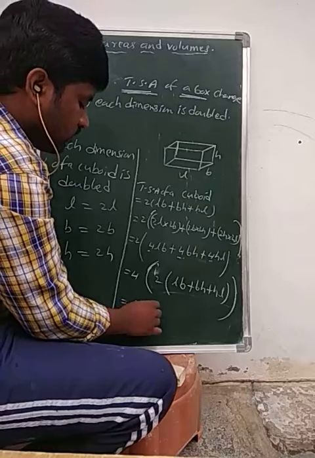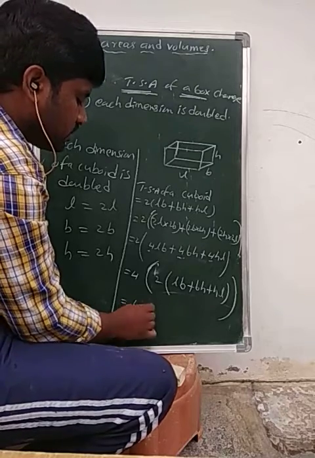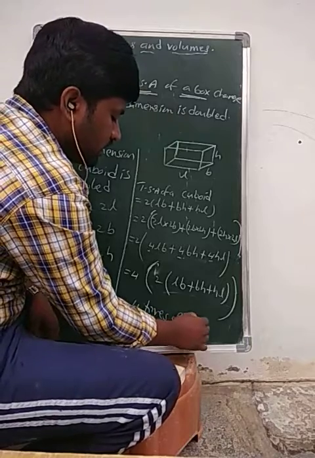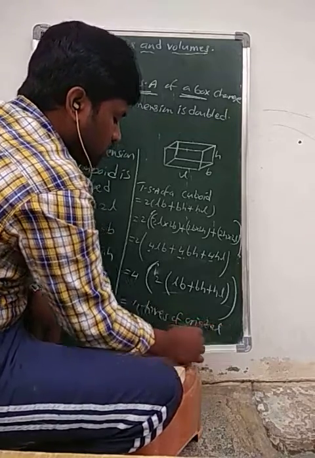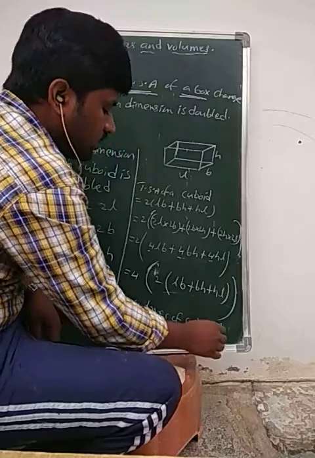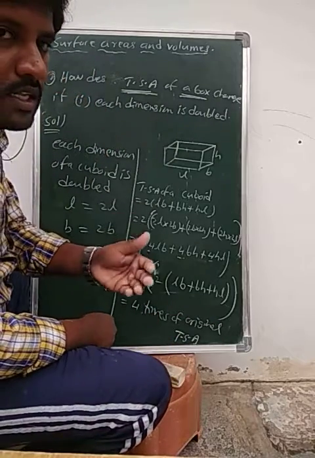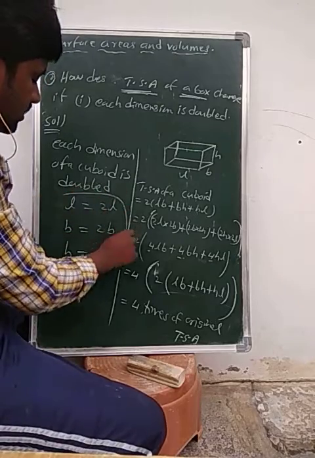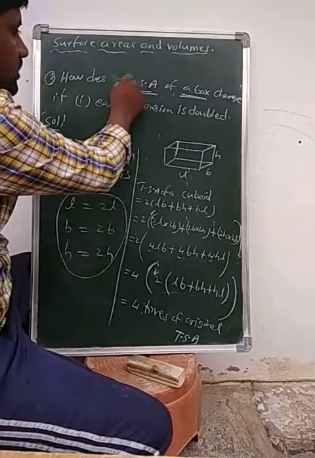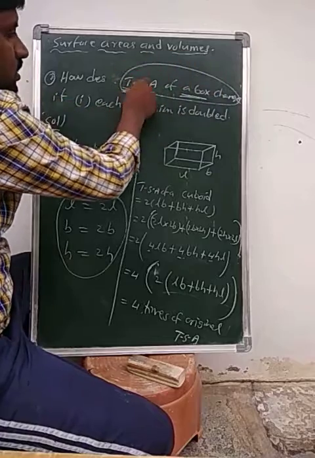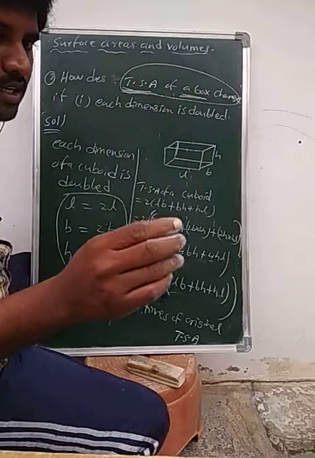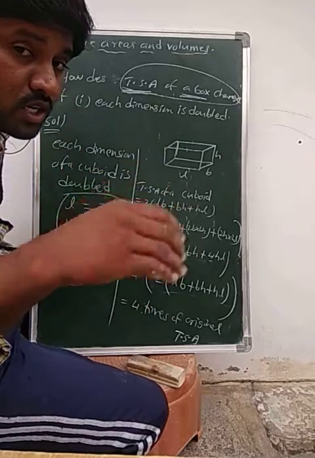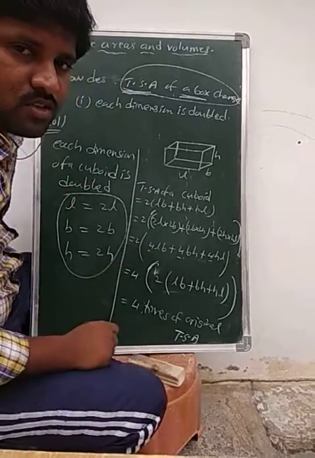That is equals to 4 times of original total surface area of a cuboid. So we conclude that if each dimension of a cuboid is doubled, the total surface area of a particular box is 4 times its original total surface area.